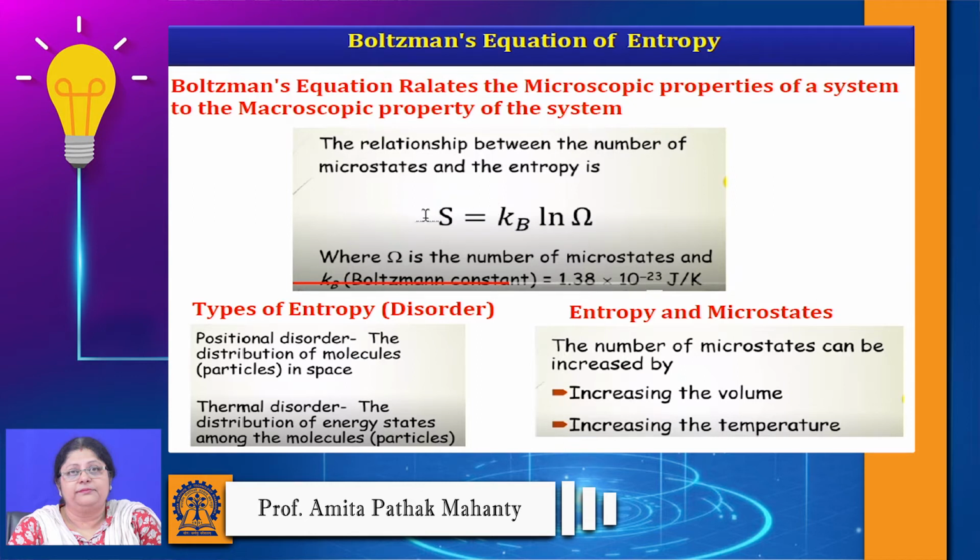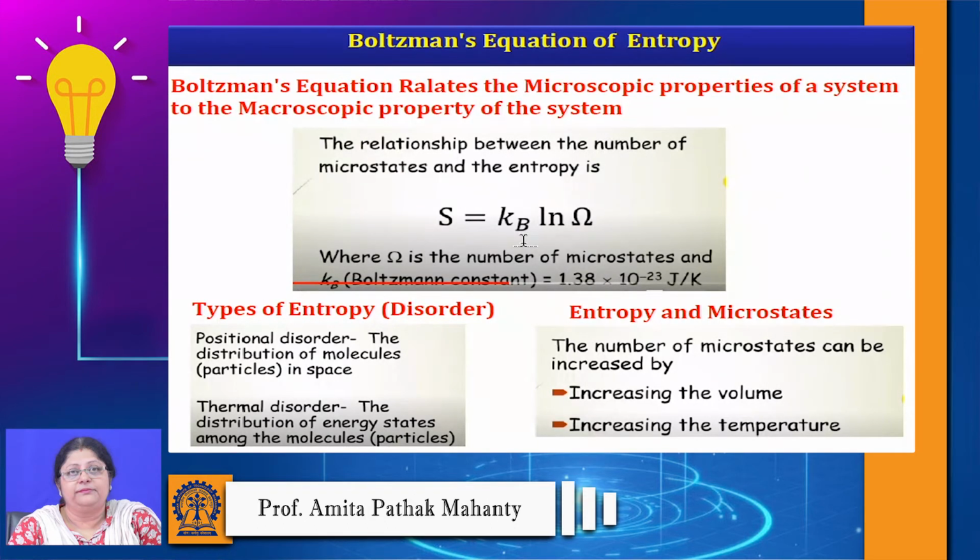So this is the equation which relates the macroscopic property entropy to the microscopic properties of a system. When we are talking about chemistry, we are dealing with molecules, ions, atoms, so we need to know the microscopic details.